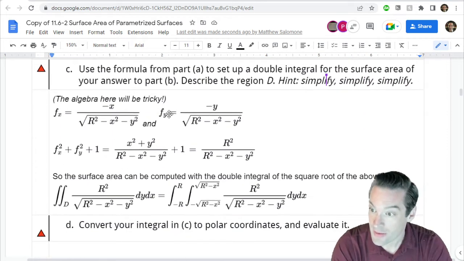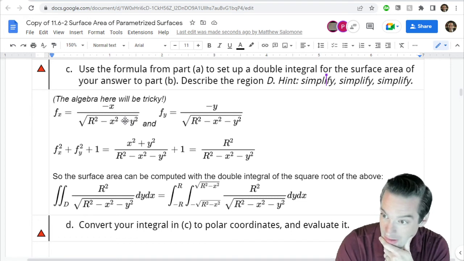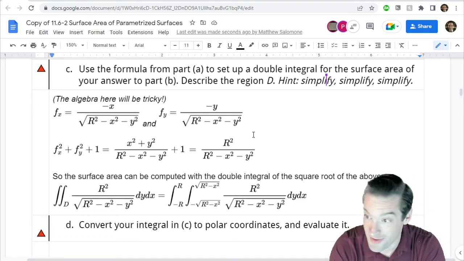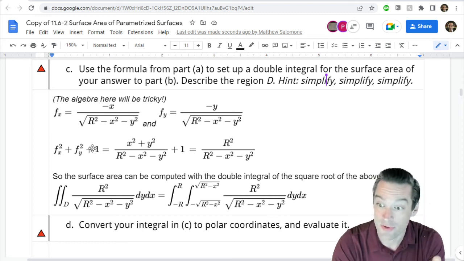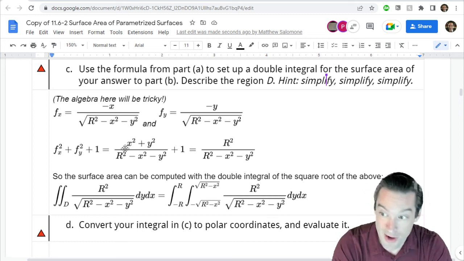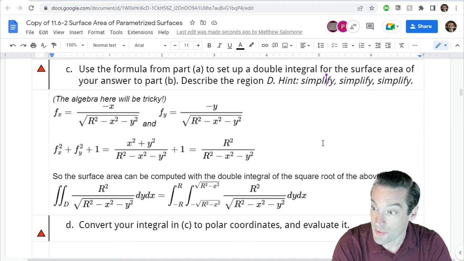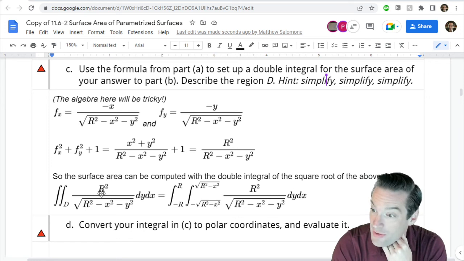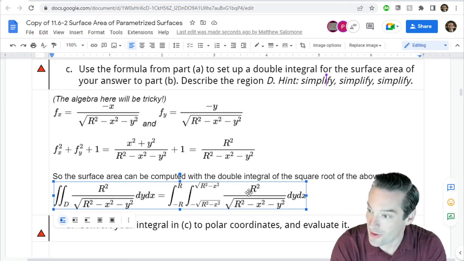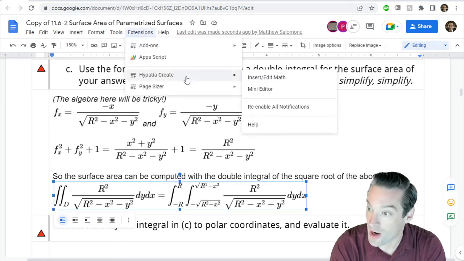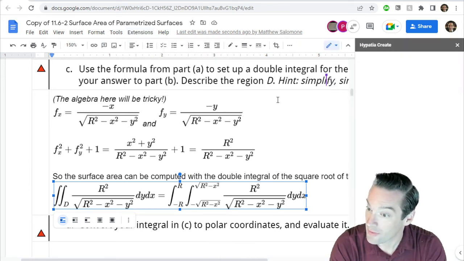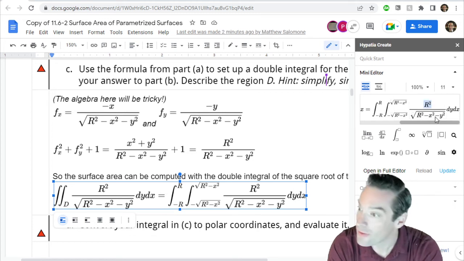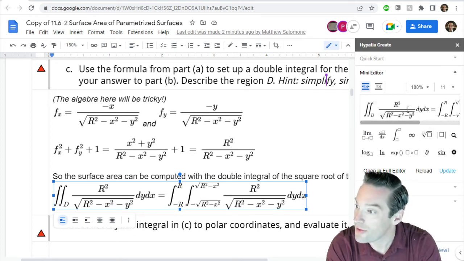The partial derivatives of our function are respectively minus x and minus y over the square root of r squared minus x squared minus y squared, so that when we add the sum of their squares plus 1, we do some fraction arithmetic, and we end up getting r squared over r squared minus x squared minus y squared. And so taking the square root of that, I think I also have a typo here, the numerator ought to be just r, right? R over the square root of r squared minus x squared minus y squared ends up being the thing that we go to integrate.